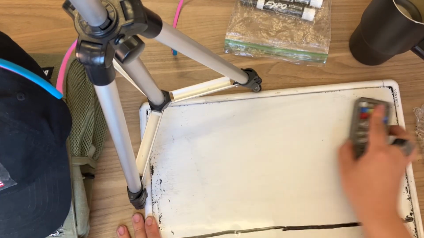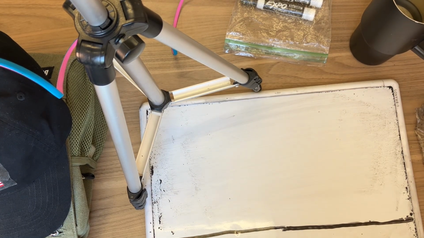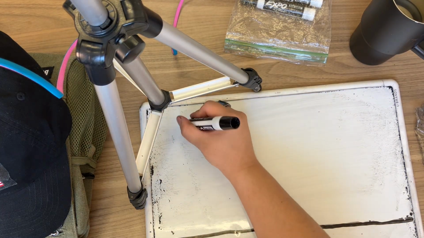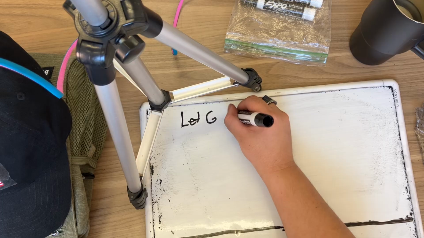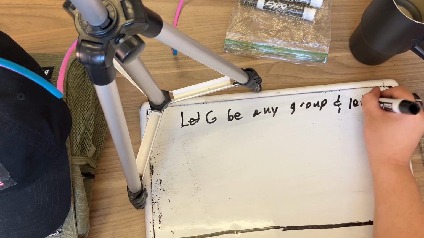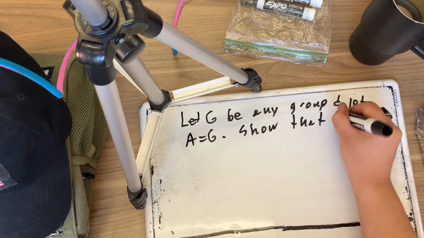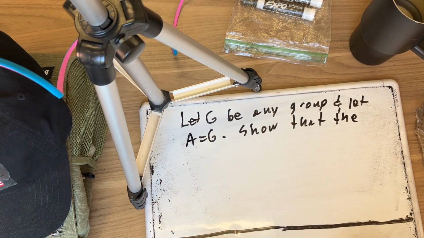All right. So for exercise 16, we have let G be any group and let A equal G. We want to show that the maps, let me see, how does this differ from 15? Okay, goodness, yeah.